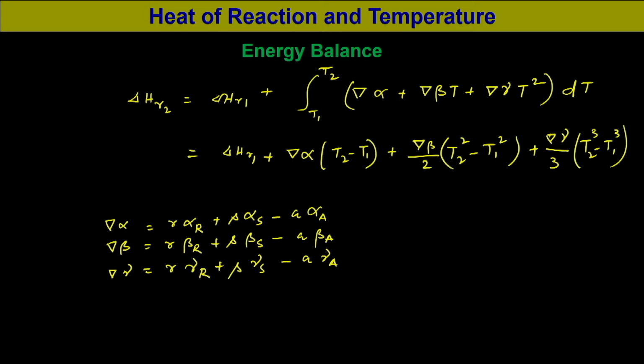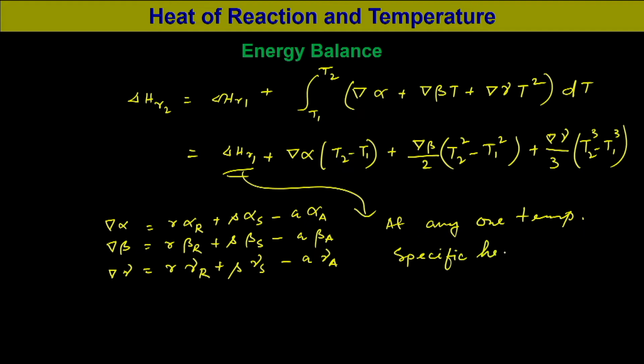So, knowing the heat of reaction at any one temperature and the specific heat of reactants and products, we would be able to calculate the heat of reaction at any other temperature.